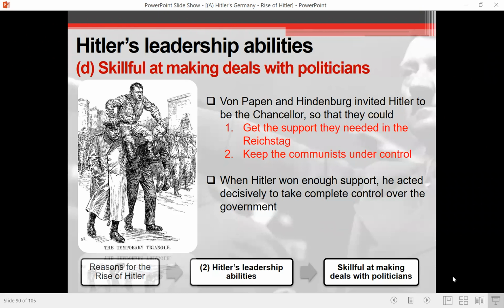Can I say that Hitler manipulated them or took advantage of their decision of making him a chancellor? Okay, your evidence? How do we describe the source?